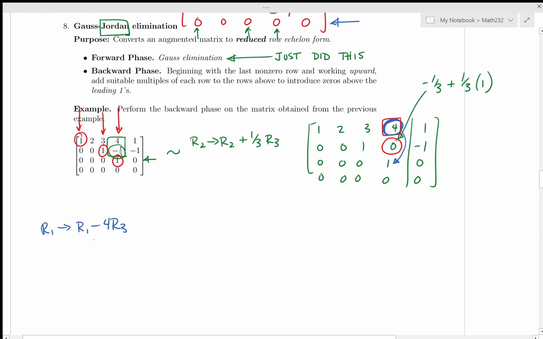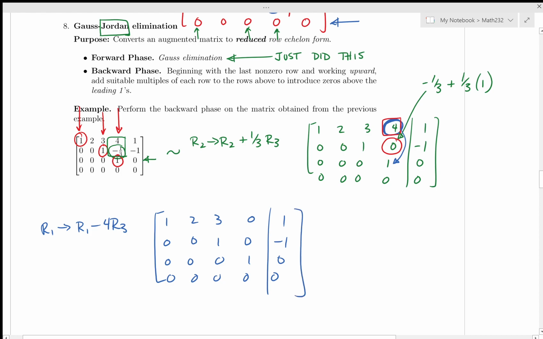So I replace row 1 with row 1 minus 4R3. It looks like this: 1, 2, 3, 0, 1. I haven't done anything to rows 2, 3, or 4, so that is 0, 0, 1, 0, minus 1, then 0, 0, 0, 1, 0. And then I have that row of zeros at the bottom.